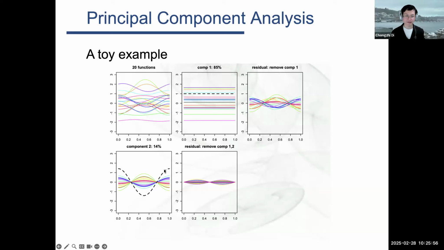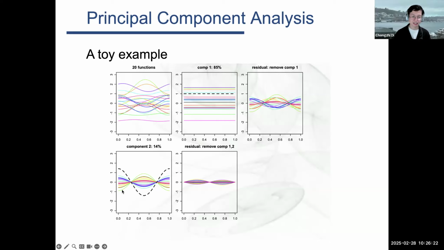Again, we can approximate each of these curves by a scaled version of this shape. For example, this blue curve is probably about 0.6 times this direction. It has a similar shape, but the magnitude is a little bit smaller.